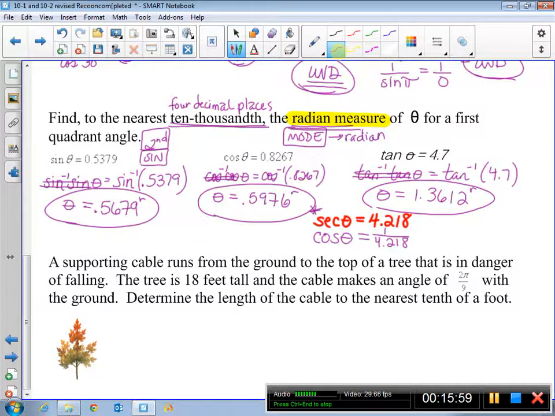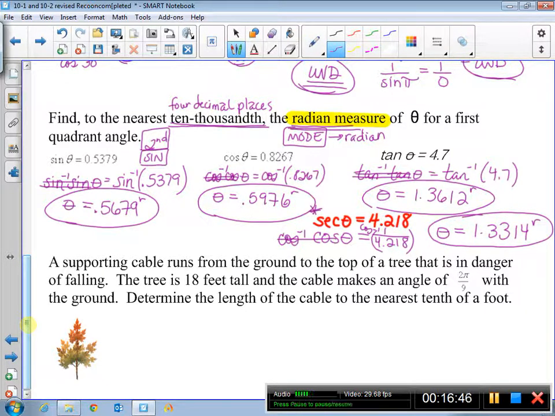From there, we can cos inverse both sides. Cos inverse of 1 divided by 4.218. And you should get your theta value. Give it a try. Cos inverse, second cos, 1 divided by 4.218. And I have 1.3314 radians for that. I'm going to just check that again. Second cosine, 1 divided by 4.218. And yes, that's what I have.